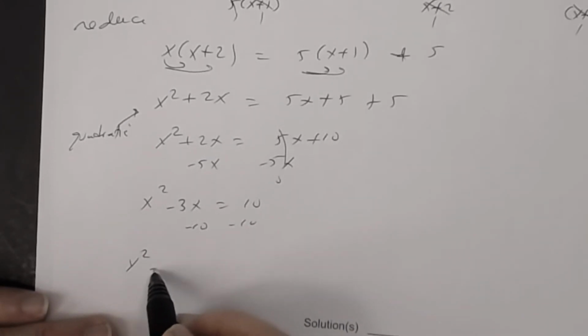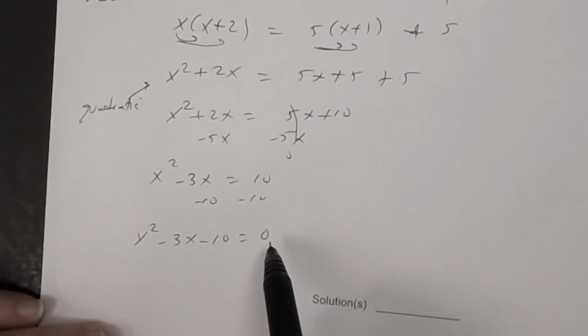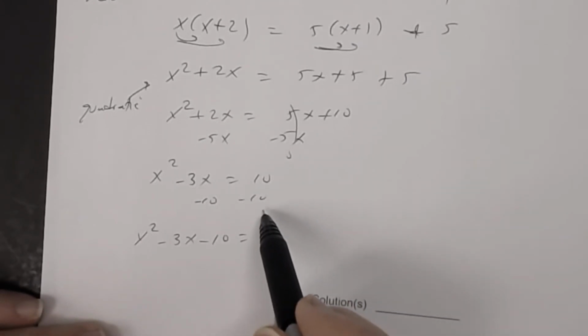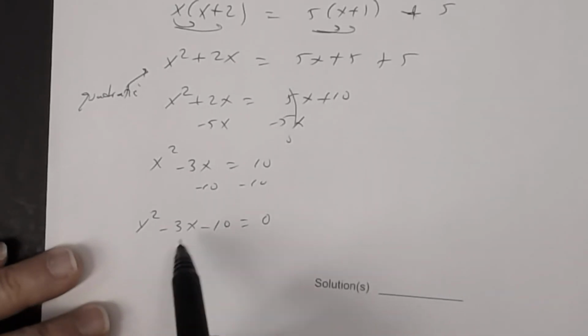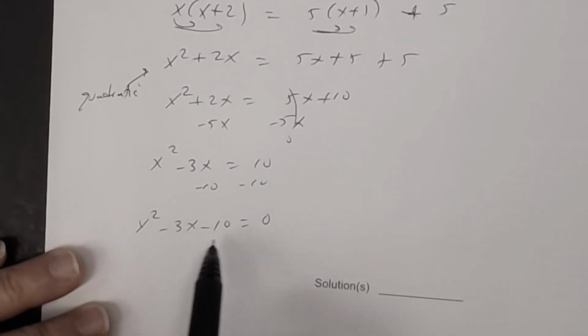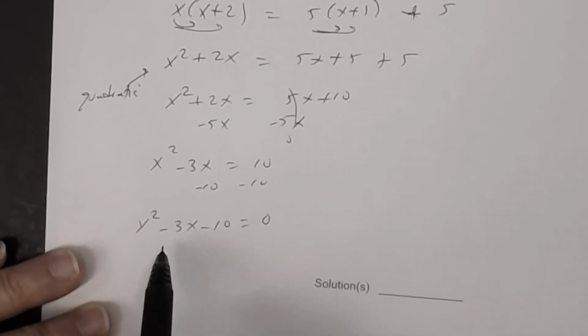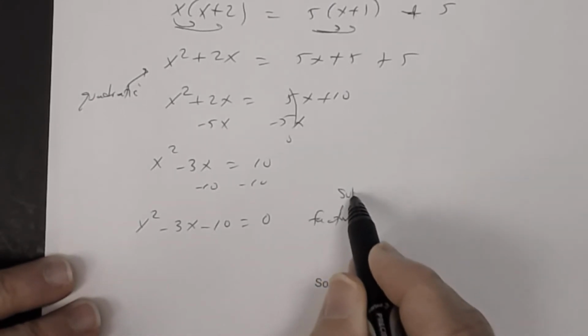I get x squared minus 3x minus 10 equal 0. Negative 10 and a positive 10, 0. Now, remember, at this point, the only thing that you know how to do with these quadratic equations is solve by factoring. So we're going to factor. Solve by factoring.